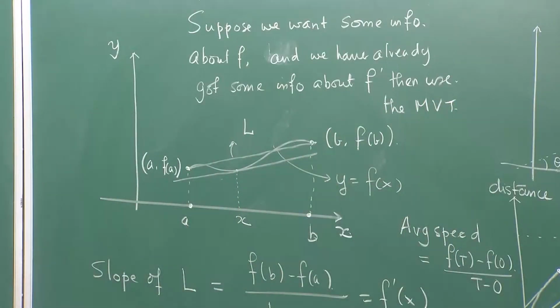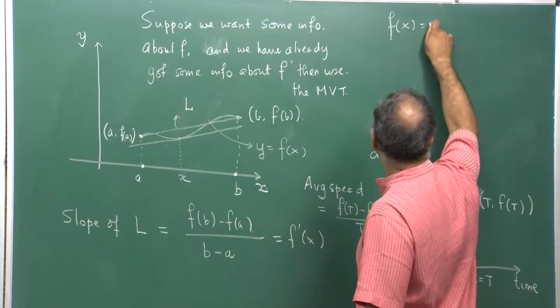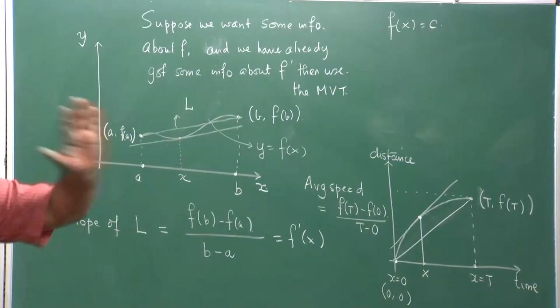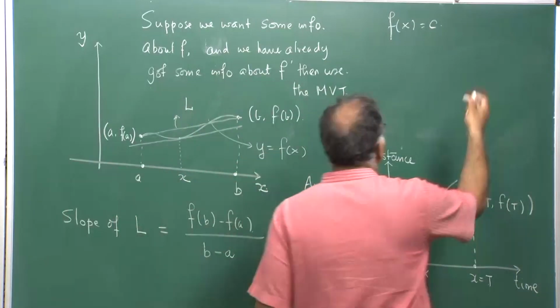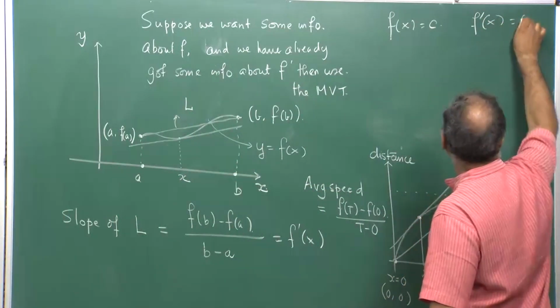I will give you an immediate example which you will be quite surprised to see. Many of you might not have thought about it. If the function f be such that f of x is equal to a constant c, then it is very simple for you to prove without much difficulty that f dash of x at any point x is just 0.